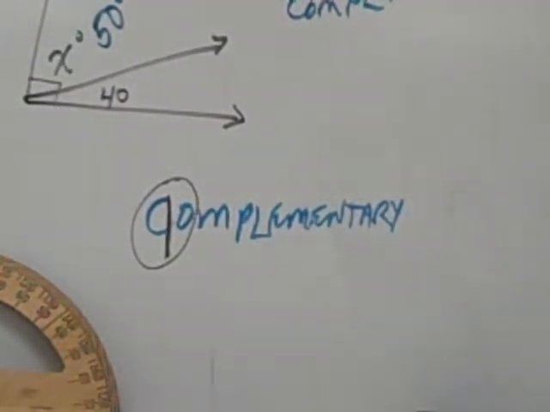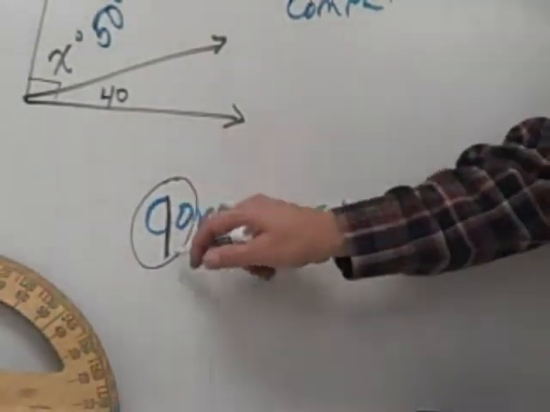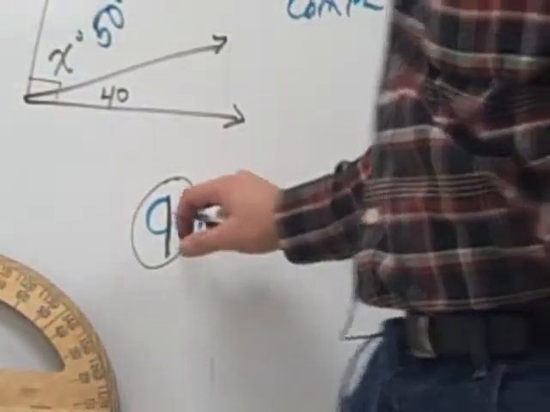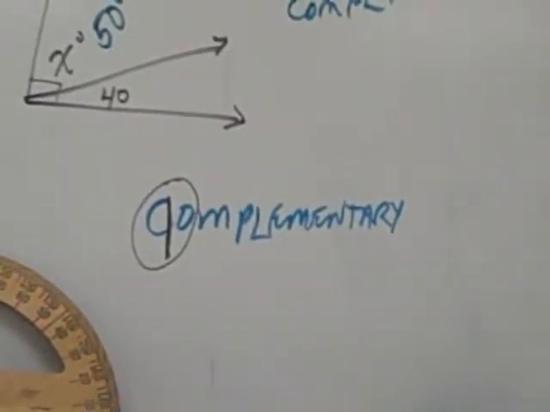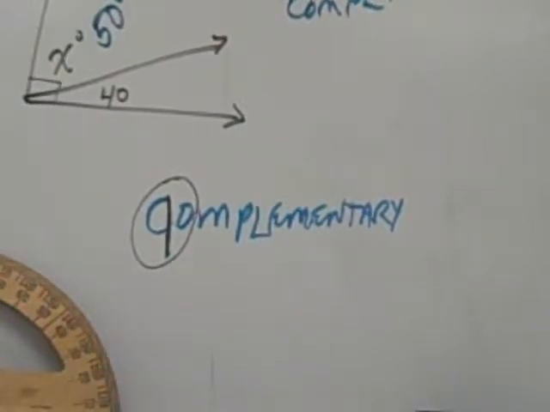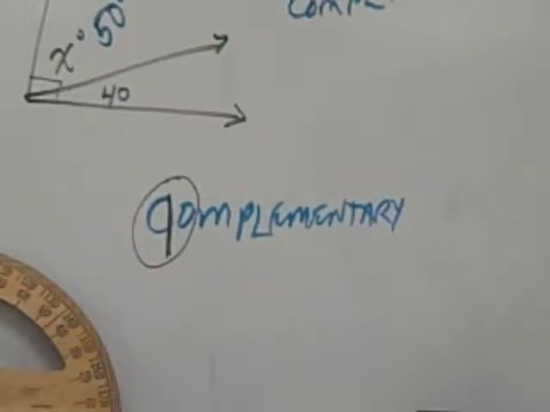What can you do with the C and the O? Make it into a 90 by just drawing a line there. So complementary is how many degrees? 90. That's how I always remember. When I had to learn this, I kept getting them backwards. I finally went, wait a minute, I can turn the C into a 9, and I got the O, put it together, there's my 90. So complementary is going to be the 90 one.